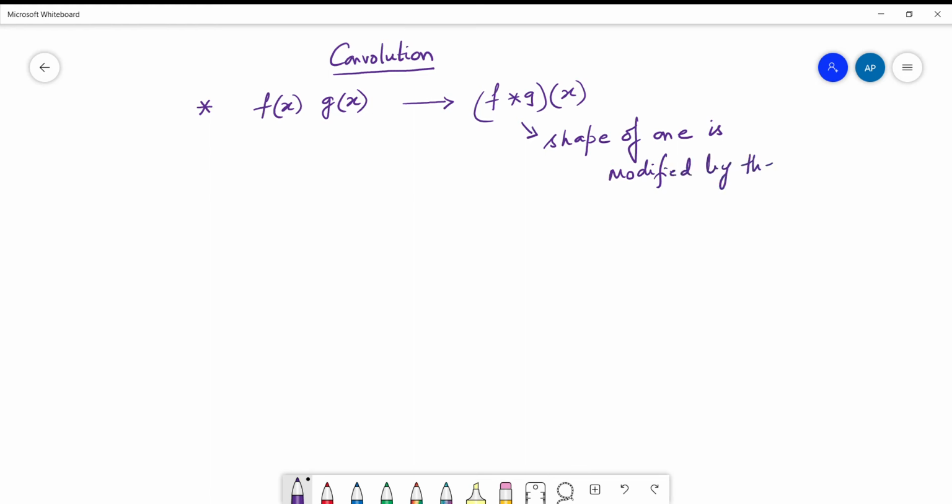So the mathematical operation called star is the notation for convolution of two functions, which will finally give us a new function, and that will talk about how the shape of the first function is modified by the other function. It's a very important technique, especially in digital signal processing.